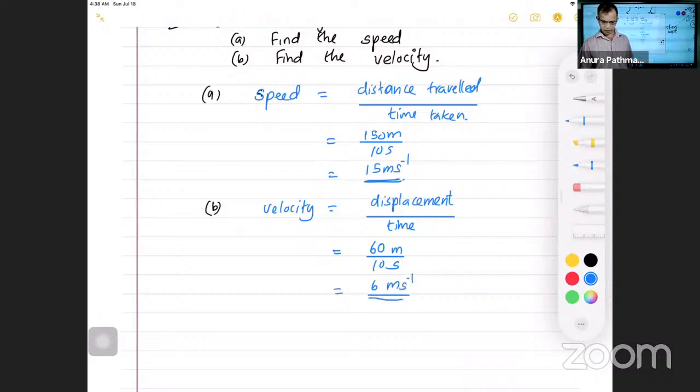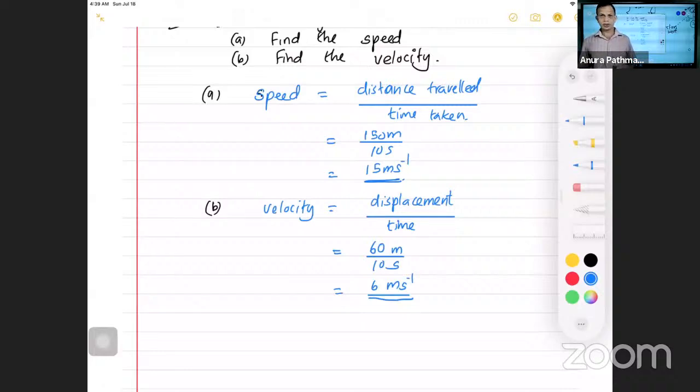Now somebody might ask, sir, if velocity is a vector quantity, how are you going to show the direction? For the velocity, the direction is the positive and negative value here. You can put a positive mark or negative mark to indicate the direction. If this is negative, then you know that the displacement is in the opposite direction.